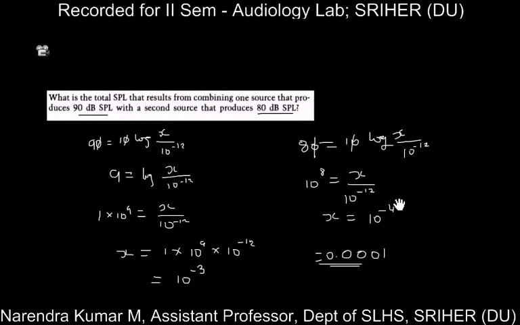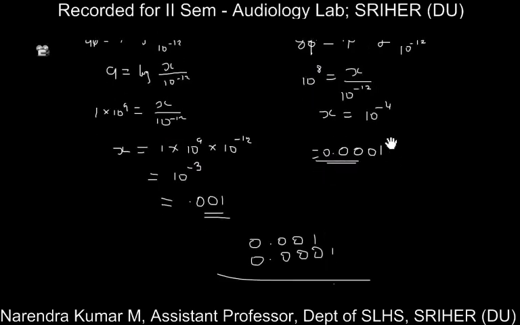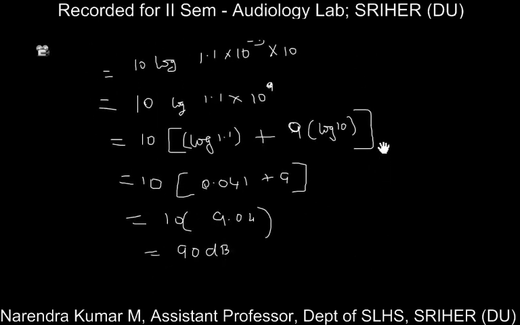So the sum of 90 decibel and 80 decibel is going to result in a value of 90.4 decibel. Clear? So this is how we need to add two sound sources of different intensity. Convert to absolute intensity, add the absolute intensities, and again convert back into the decibel value. Understandable?